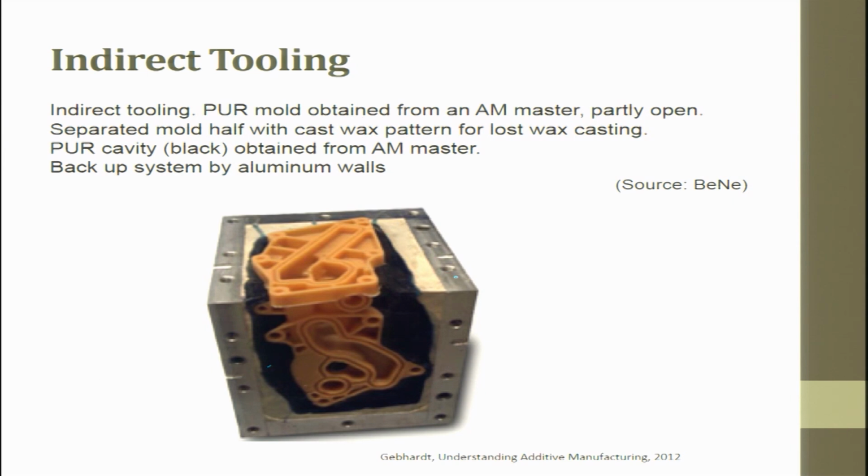So this is the aluminium wall, or the frame, whatever it is, and these are the PUR cavities, through which you can start filling up material to get the output, and this becomes your pattern.